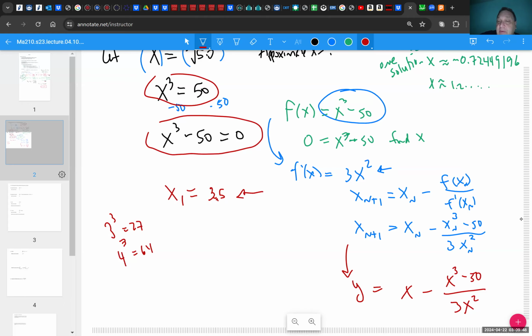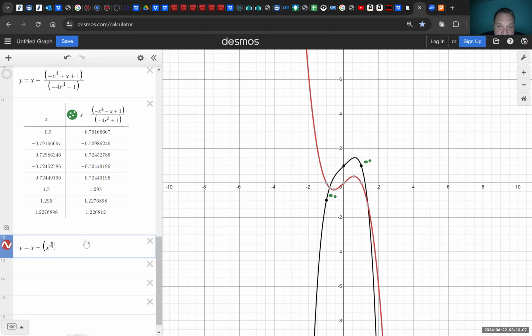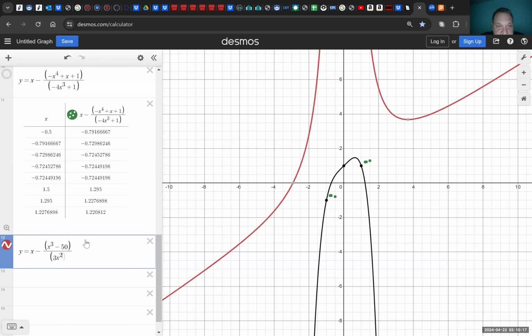Right. And then I would go to my Desmos. I would type in my equation, y equals x minus the value of the function, which is x cubed minus 50, divided by the value of the derivative, which is 3x squared.